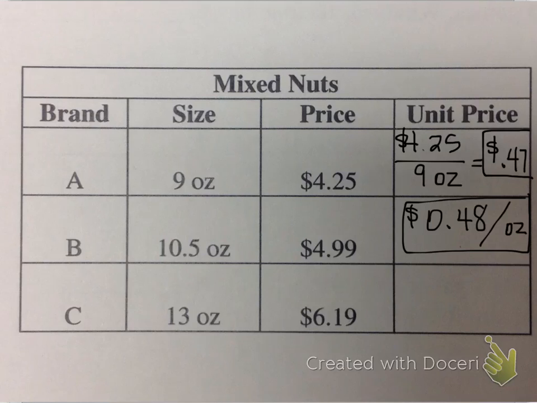And for this last one, brand C, we have $6.19 for 13 ounces. So $6.19 divided by 13 ends up being 0.476, so it would round also to 48 cents.